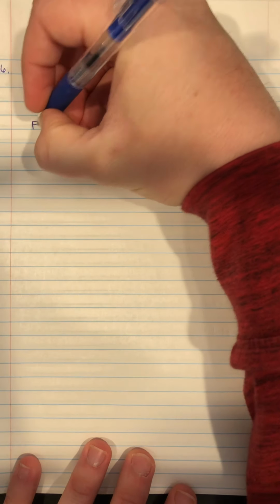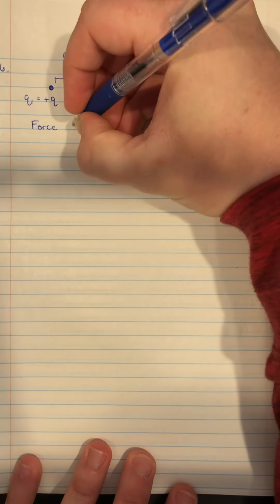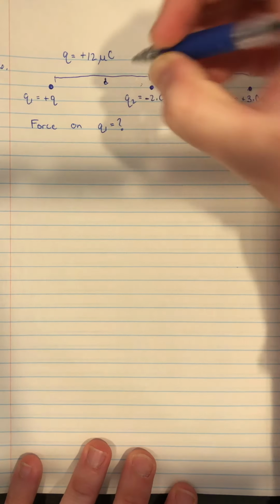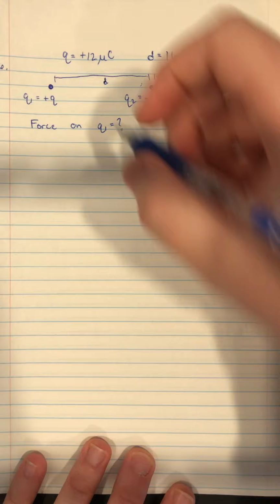All right, so that's what we're working with. We want to find the total electrostatic force exerted on charge 1. So we want to find the force on Q1. All right, what's the force on Q1?